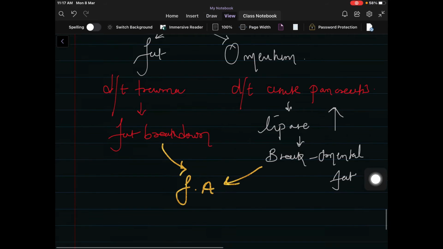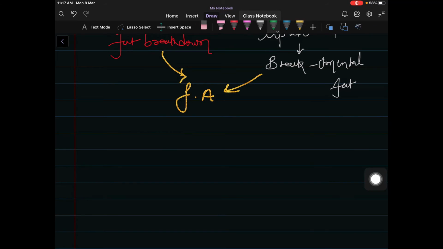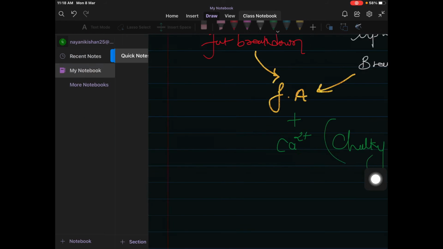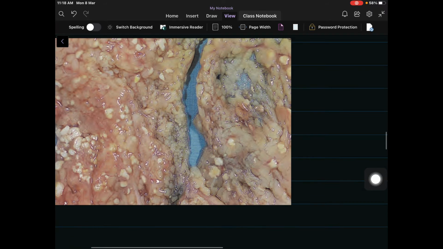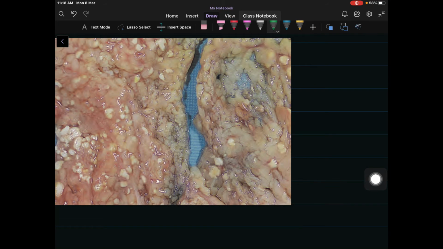Later on, this fat combines with calcium and gives the chalky white appearance and leads to fat necrosis. Let's check with the example or the pictorial representation. As we can see in the pictorial representation, the calcium deposition with the fatty acid, the calcium gives the chalky white appearance.